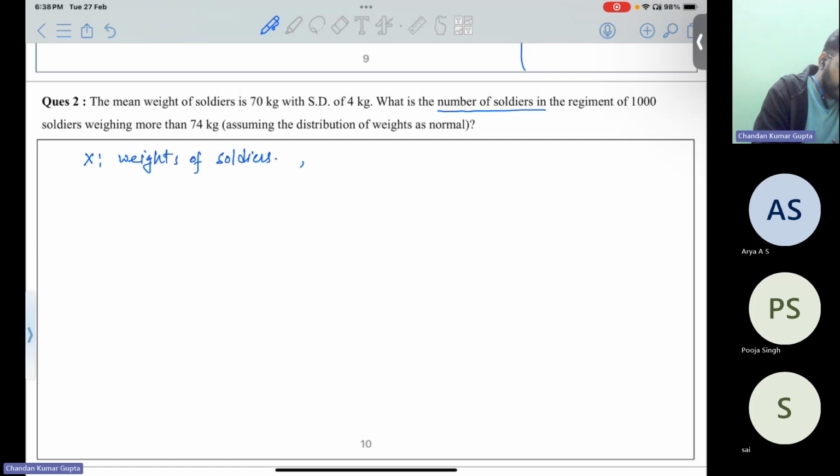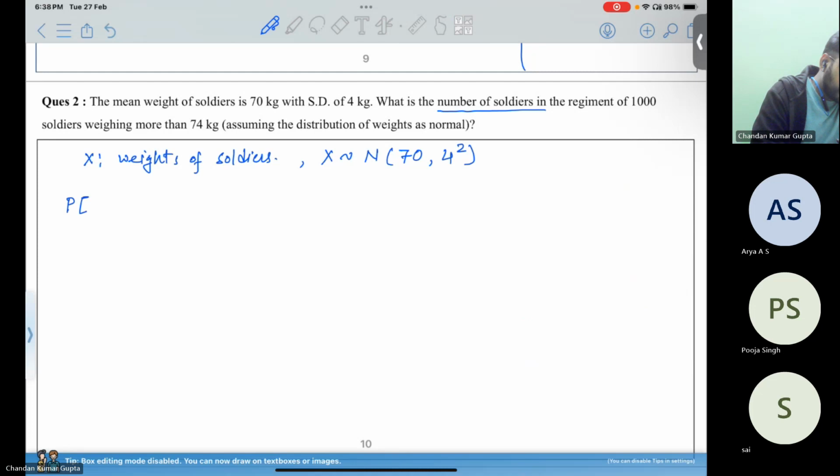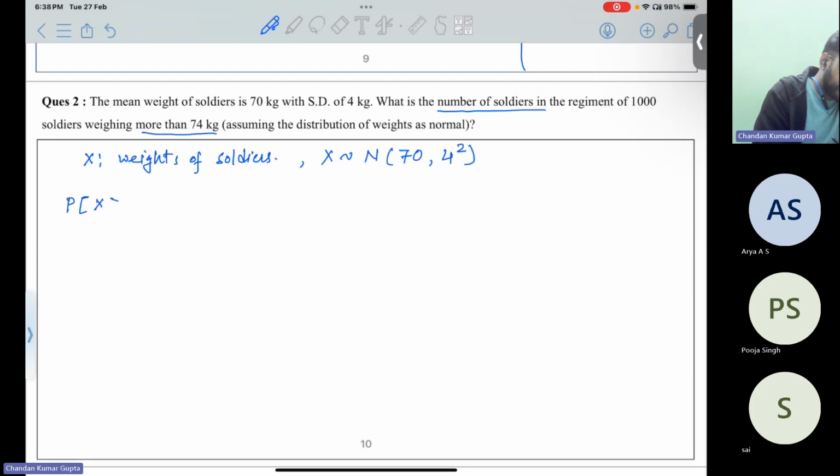It is given that X follows normal distribution with mean 70 kg and standard deviation 4, that is, variance 4 square. We need to calculate the probability that X is greater than 74 kg. We will always use standard normal distribution to calculate this probability, because if we write it directly like this, this integral is not possible, right?